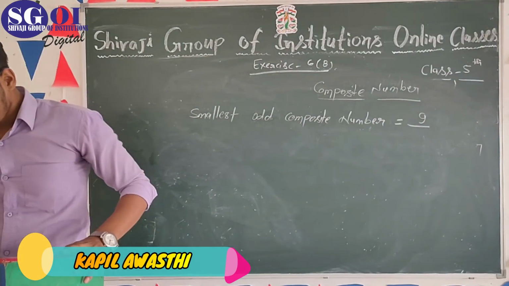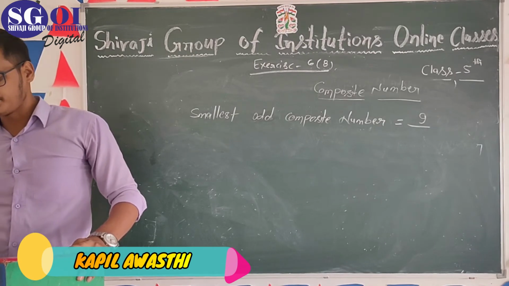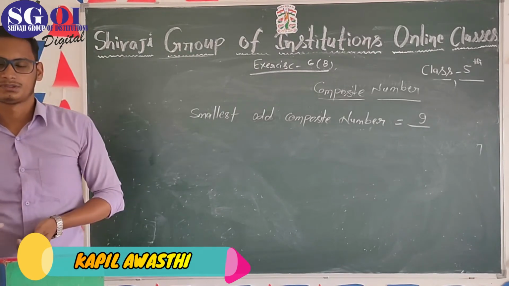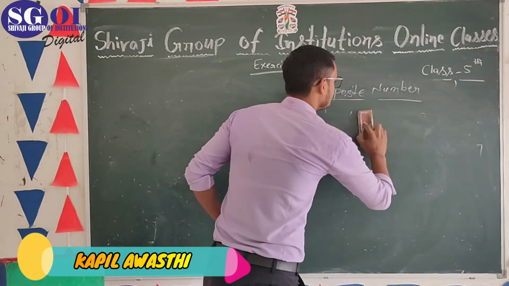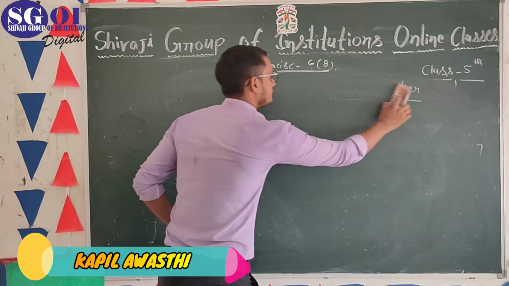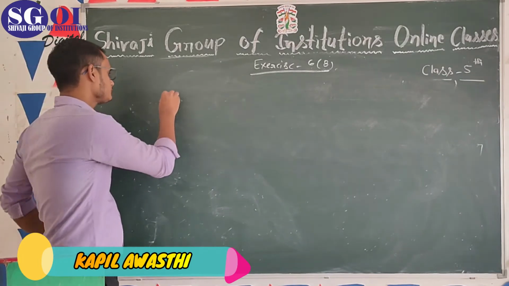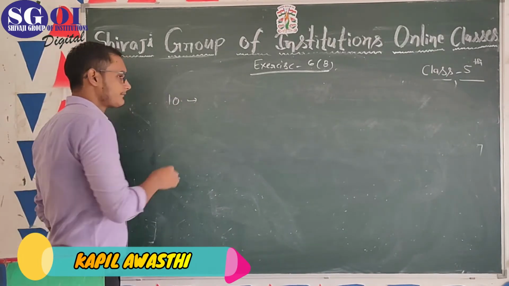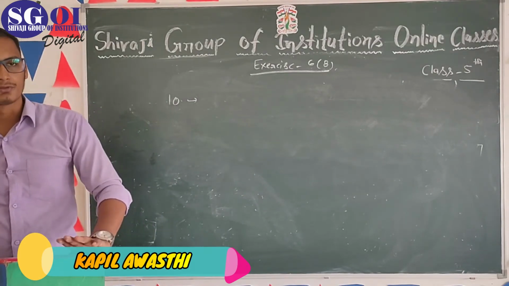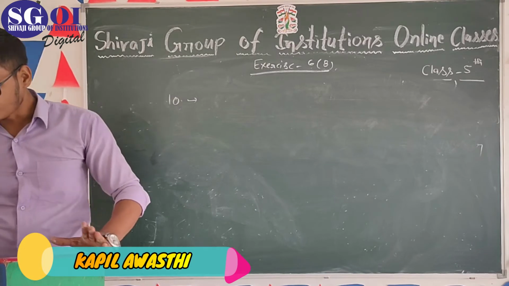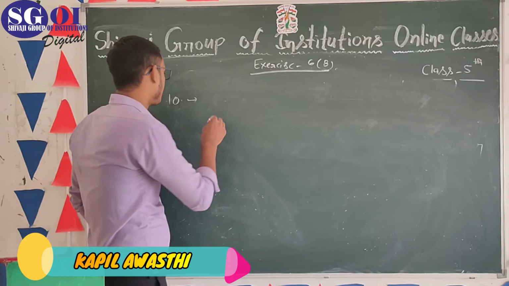Understood? Question number 7. Write the following numbers as the sum of two prime numbers. These are the numbers which are prime or co-prime numbers, and we have to write the numbers in the form of the sum of two prime numbers.